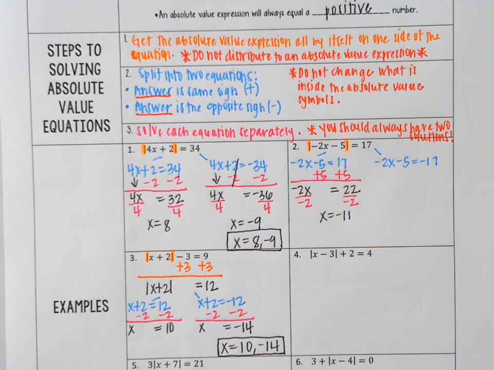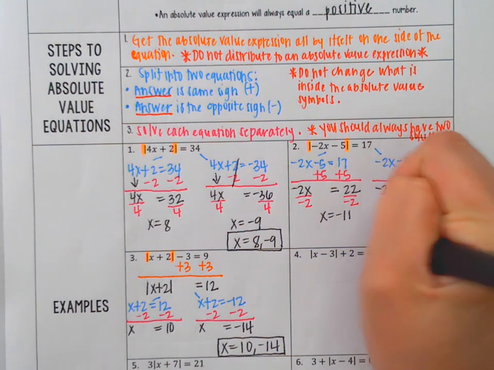So I solved my first equation, got x all by itself. I added 5 to both sides, divided both sides by negative 2, and I got my first solution to be x is equal to negative 11. So continue on if you haven't already and do that for the second equation. So I solved for my second equation and I got x is equal to negative 11 and x is equal to 6.